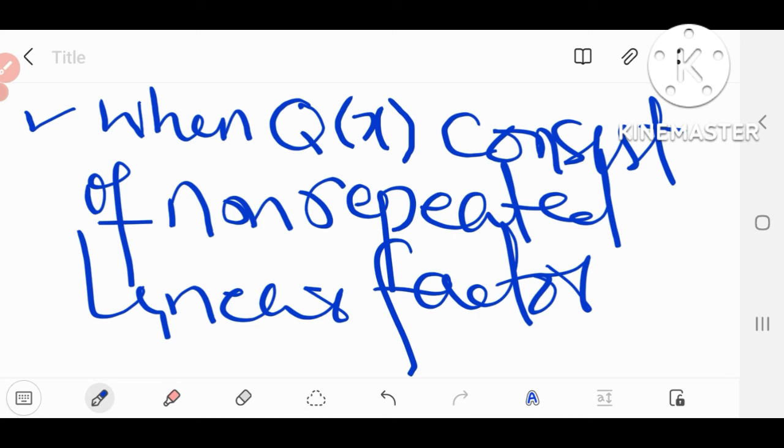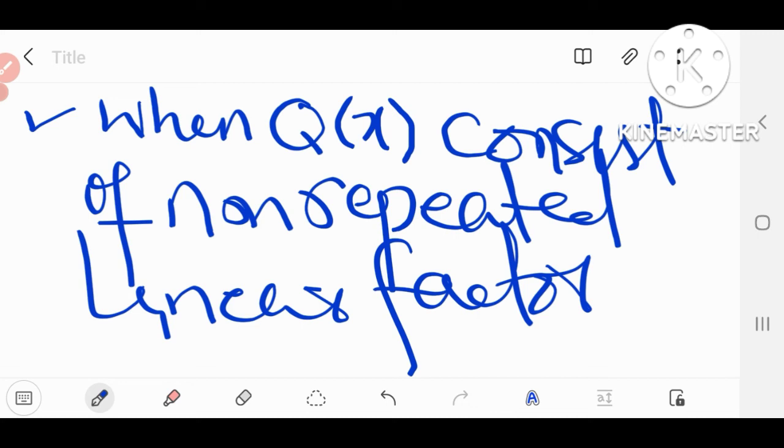Now I am going to explain the four cases. Whenever we have to split such a question into partial fractions, we have to focus on the denominator of the algebraic fraction which is given. Case number one, the denominator consists of a non-repeated linear factor. Case number two, when Q(x), I mean the denominator, consists of a repeated linear factor.